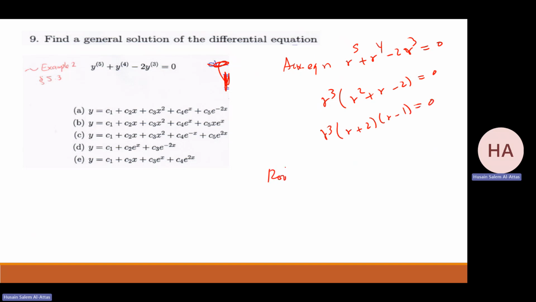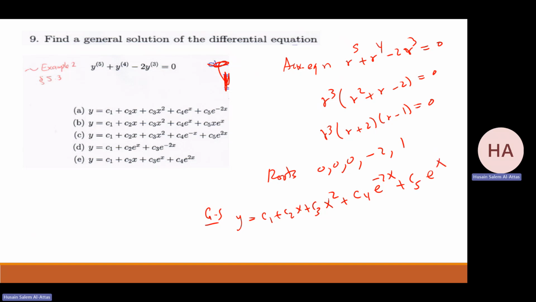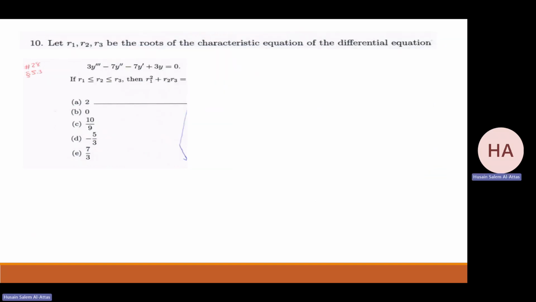So what are the roots? 0, 0, 0, minus 2 and 1. General solution: y equals c1 plus c2x plus c3x squared plus c4 e^(minus 2x) plus c5 e^x, which is this one.